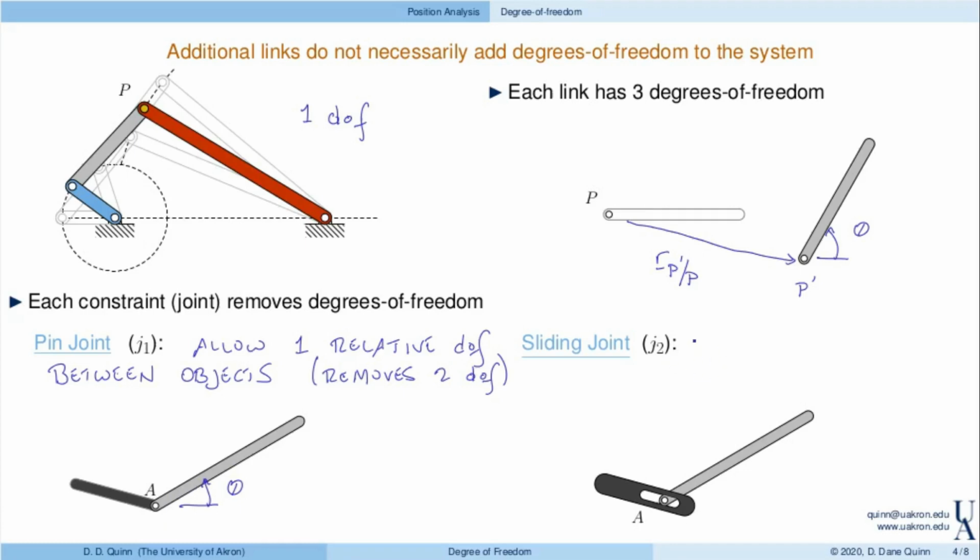Now, the other one that we'll look at commonly is a sliding joint. So here we essentially have a slot in this dark gray link, and then we have a second link, light gray, that's allowed to move in the slot and then rotate. So this allows 2 relative degrees of freedom between these 2 objects, and so it removes only 1.